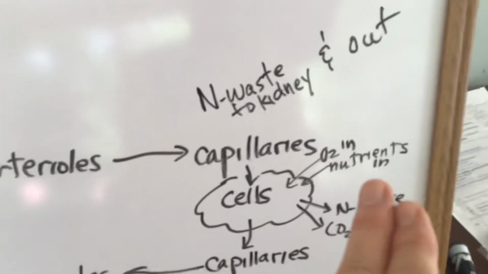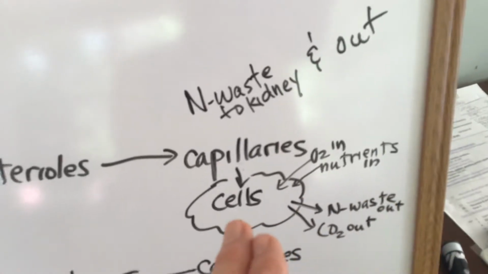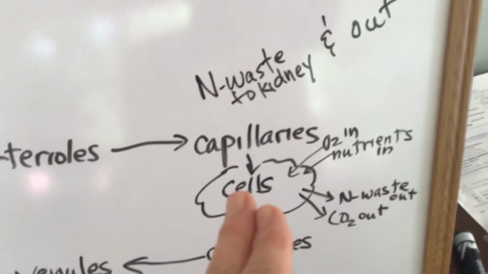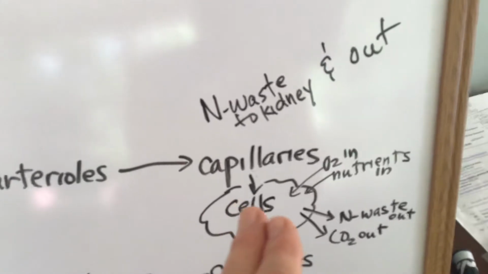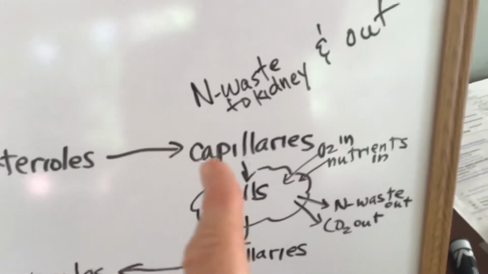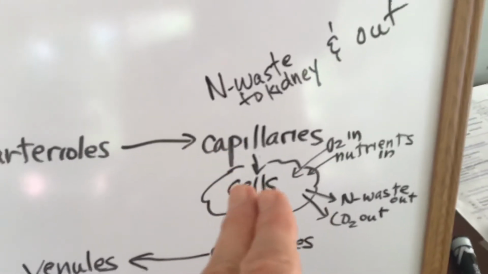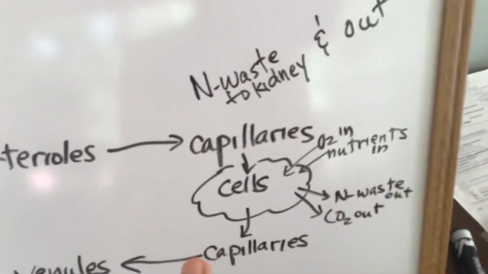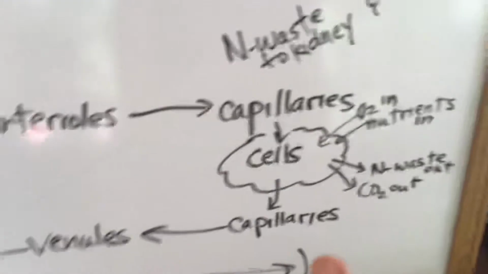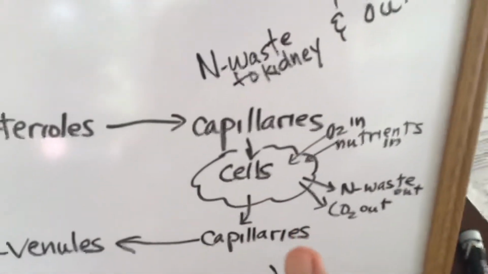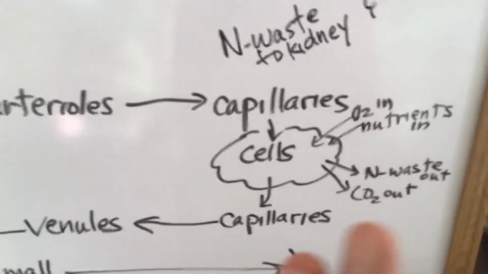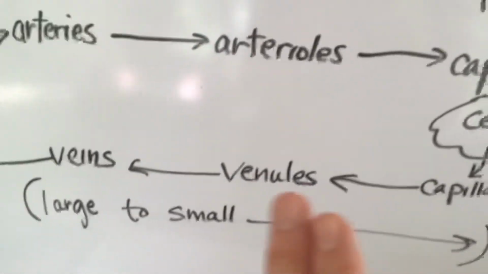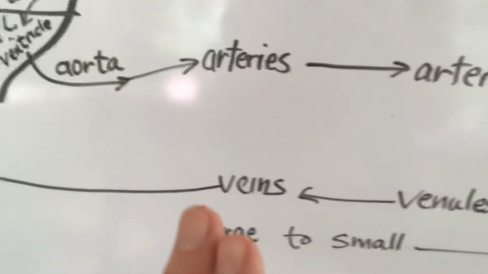They are also taking off nutrients that might have been picked up by the digestive system cells and distributed to the bloodstream. And the cells themselves will be getting rid of nitrogenous waste and carbon dioxide. This is going into the capillaries, that is, into the blood, and the capillaries will go back to the venules and to the veins.